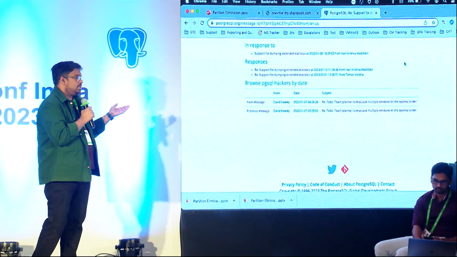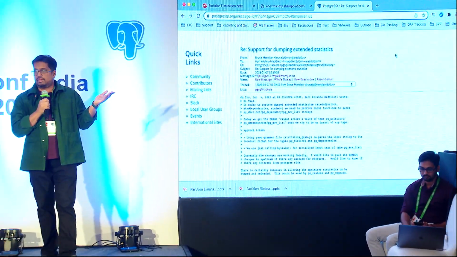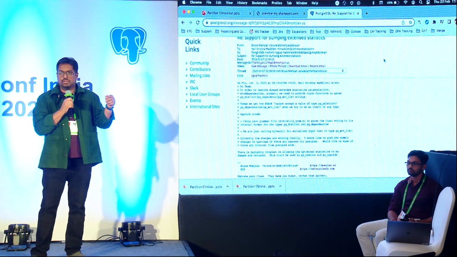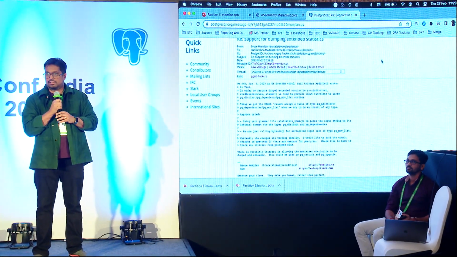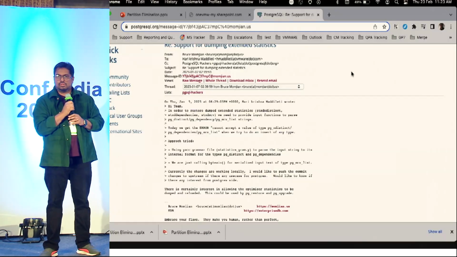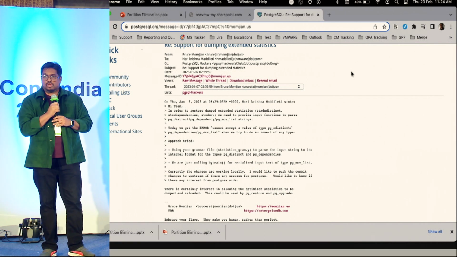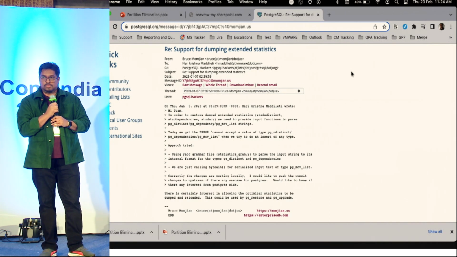There is some discussion ongoing in the Postgres forums that I want to highlight. Postgres currently does not support dumping these extended stats out. I don't think it does that even for normal statistics. So for folks who are interested, please contribute to these discussions.